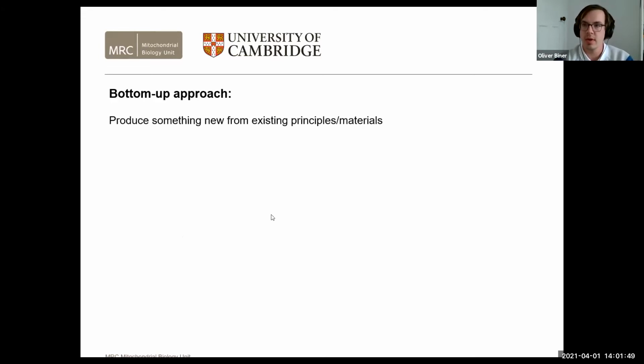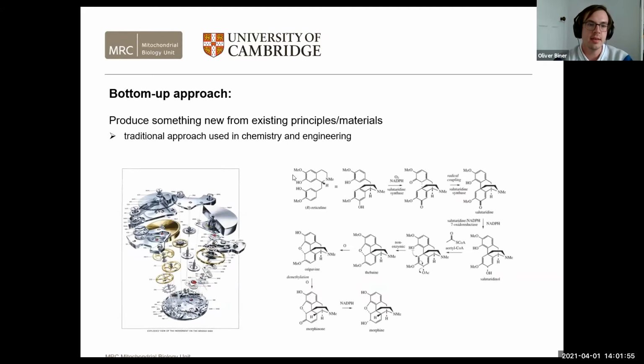And this is a bottom-up approach, which is normally used in chemistry and engineering. For instance, an engineer can create a beautiful watch from all these individual parts. It's a very complex machine and device. Or a chemist can synthesize a very complex molecule in a multi-step synthesis.